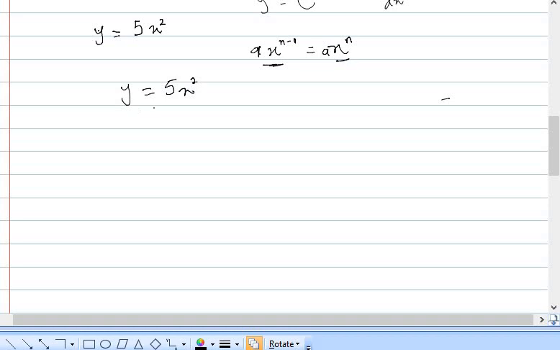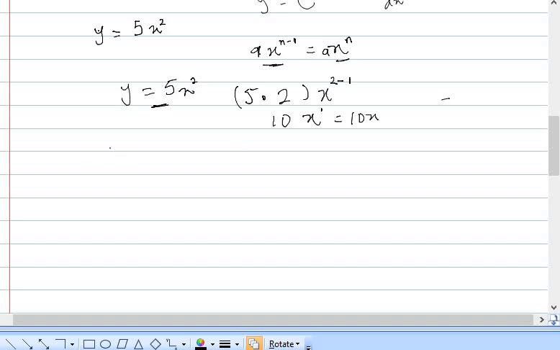So to find the differential of this function, we say 2 times the coefficient 5, and then x, and then 2 minus 1, so we have 10x raised to the power of 1, which is 10x.